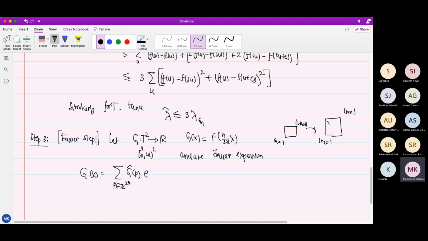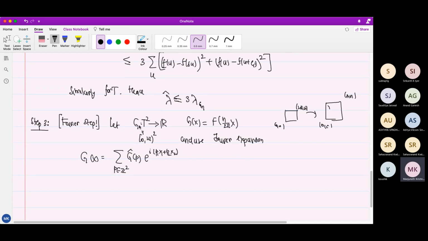So maybe I write it as p comma q to be explicit: g hat of p times e to the i times p1 x1 plus p2 x2. That is the Fourier expansion of g. g is a function on the torus, and this is how we expand it in Fourier.